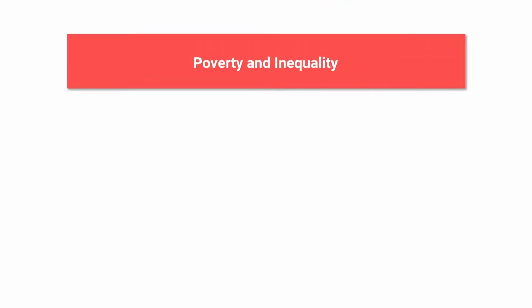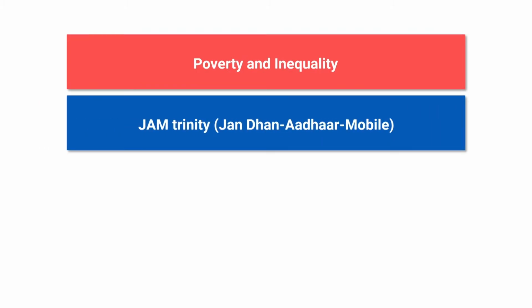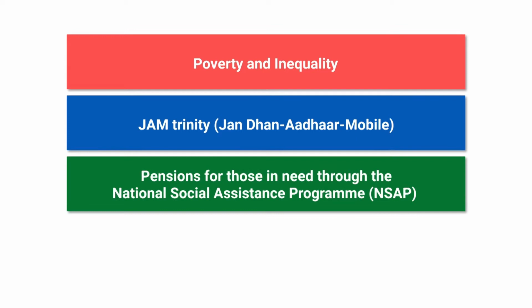If we look into poverty and inequality, we have various interventions in social protection and safety net, such as the Mahatma Gandhi National Rural Employment Guarantee Scheme, and access to basic services through the JAM Trinity, that is Jan Dhan, Aadhaar, Mobile.